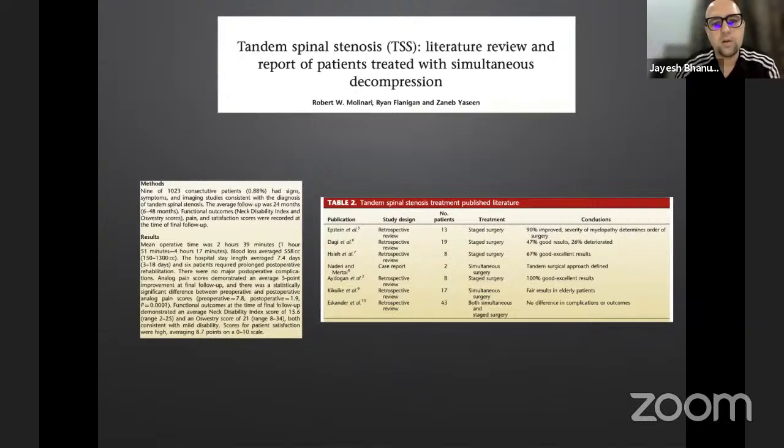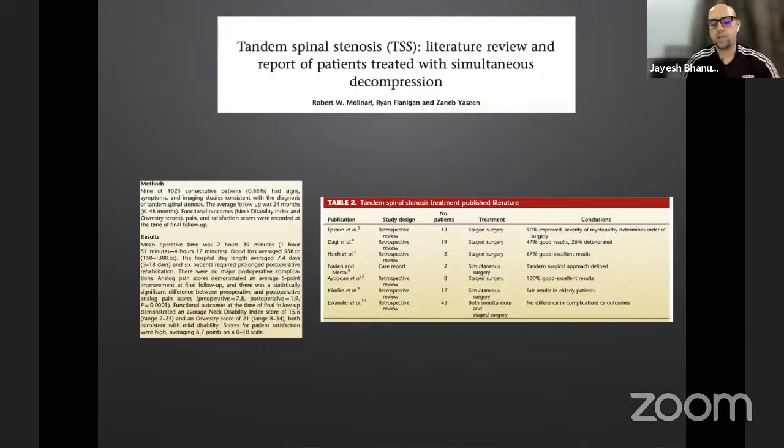Later on, Dr. Robert Milonari published a study where he did a short literature review with the available literature then. This was in 2012, and here he proposed that patients treated with simultaneous surgeries had a lesser postoperative stay, a faster recovery, and fewer perioperative complications, which we still follow with regards to tandem spinal stenosis.